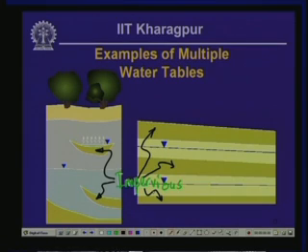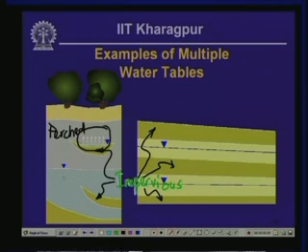On the impervious layers might be supported an isolated source of groundwater, and this type of groundwater is called a perched water table.